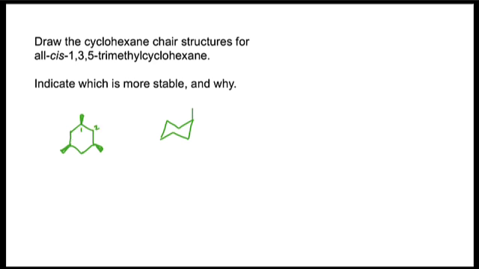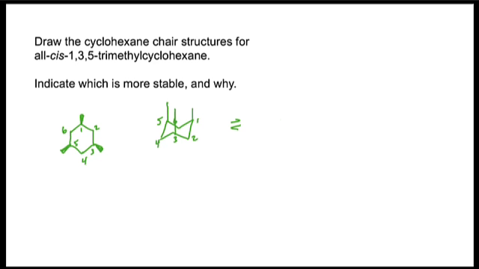So upward axial, and we'll go ahead and number the carbons 1, 2, 3, 4, 5, and 6. So that means on carbons 1, 3, and 5 we have all upward, and in those positions that means all axial.